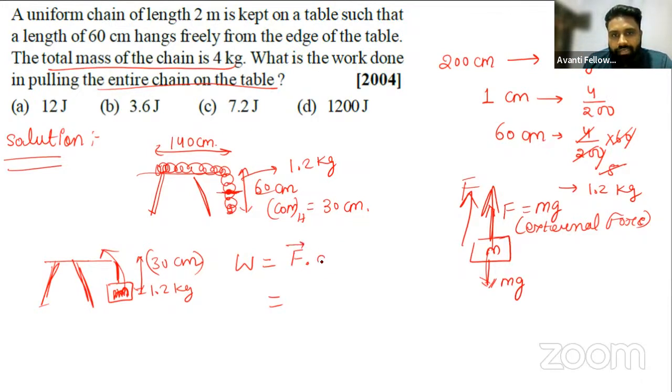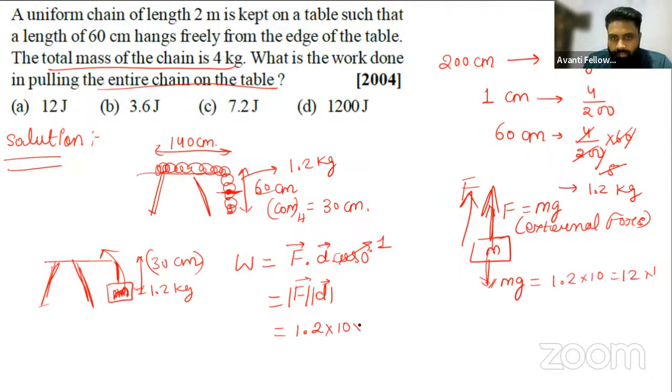Otherwise, you can write it as force vector dot displacement vector, cos 0. Cos 0 is 1, so it is the product of the magnitude of force and the magnitude of displacement. The force here is nothing but 1.2 mass into gravity, 1.2 into 10, which is 12 Newton, multiplied by displacement.